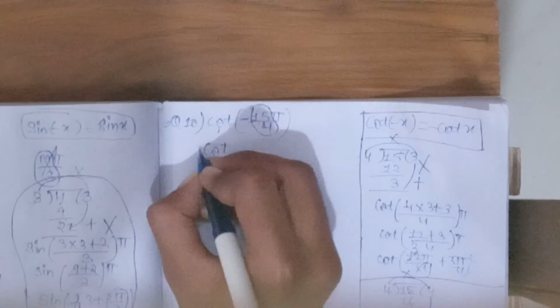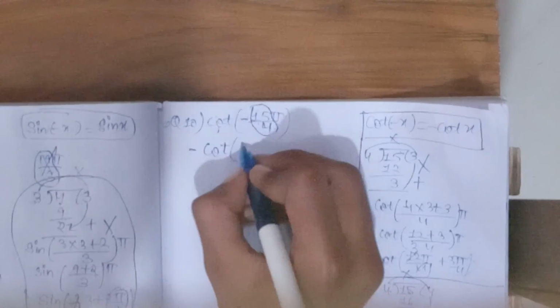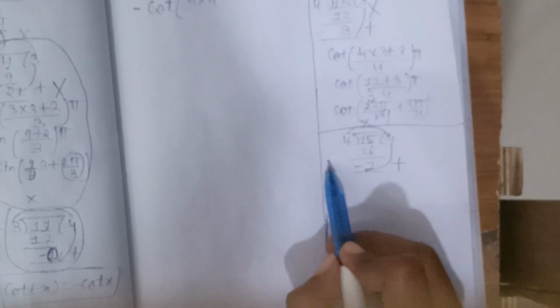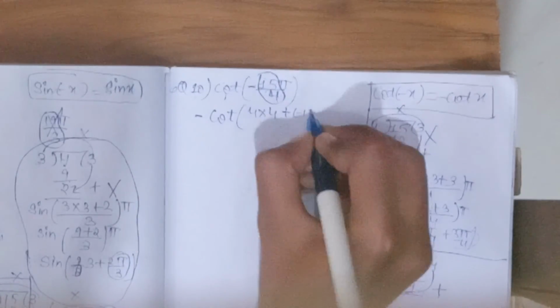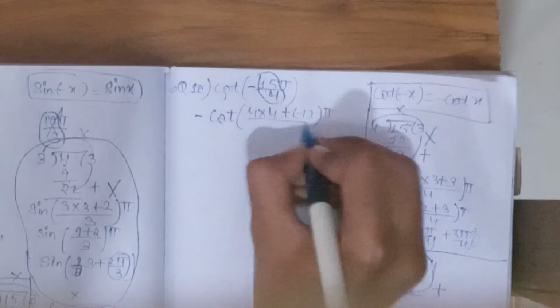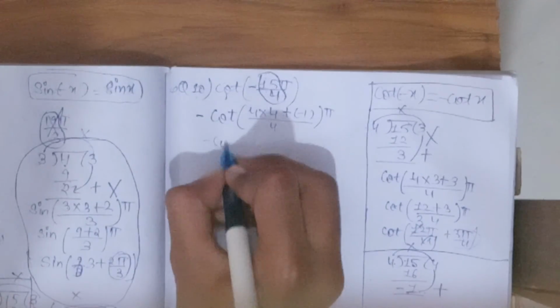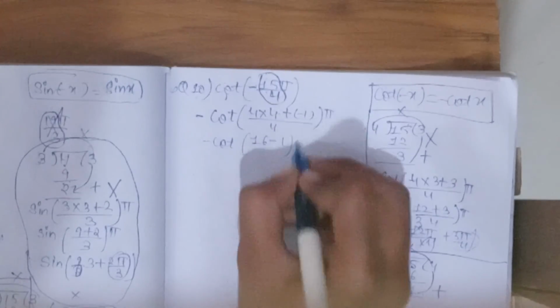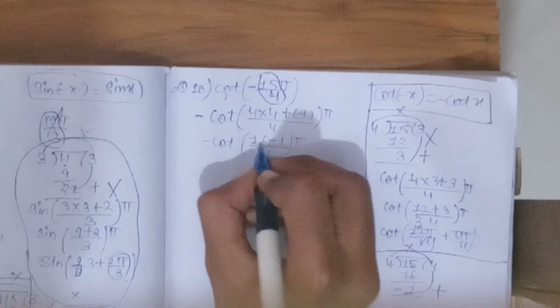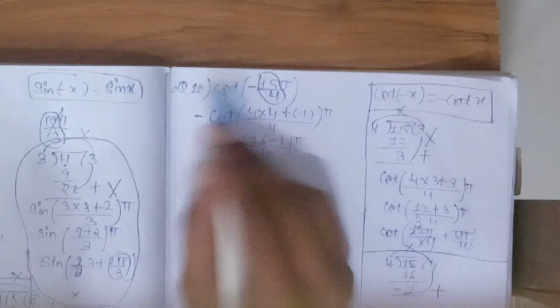Cot, minus remains like that only. So 4 into 4 plus minus of minus 1 you have to do, whole pi by 4. So minus cot, 4 into 4 is 16 plus 1 into minus pi by 4. So don't do 16 minus 1 again, it will go 15. Don't do like that.